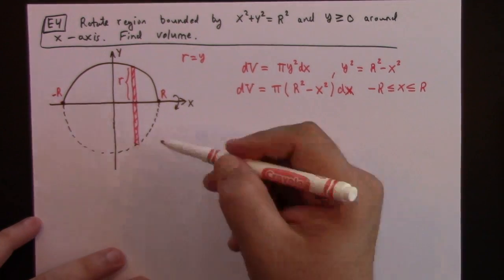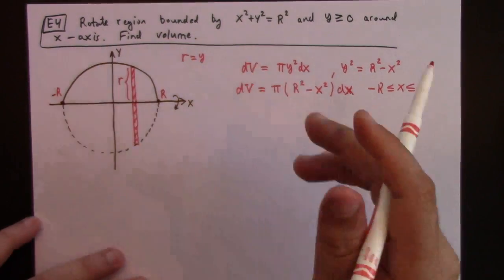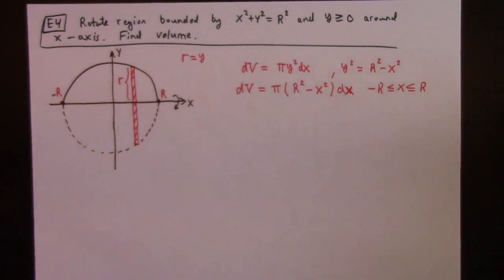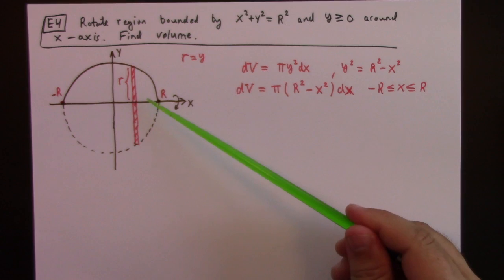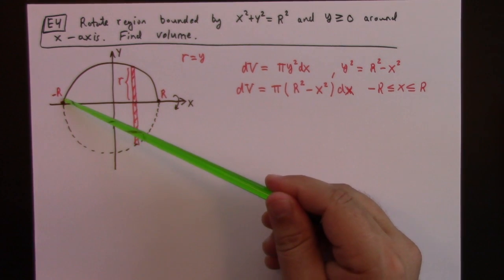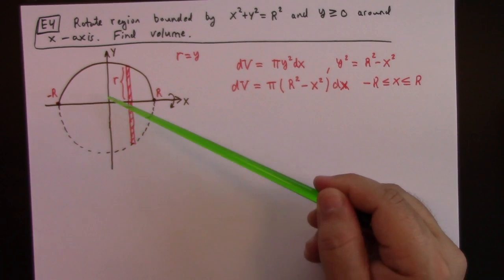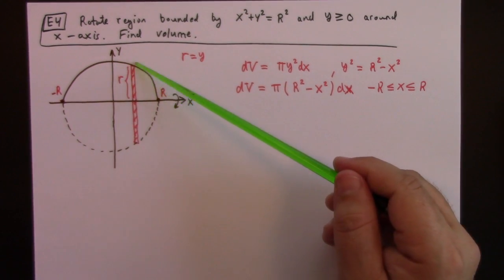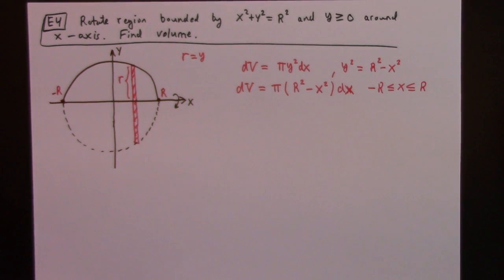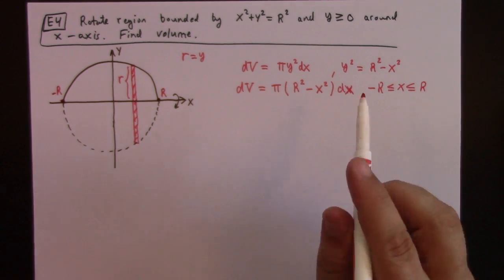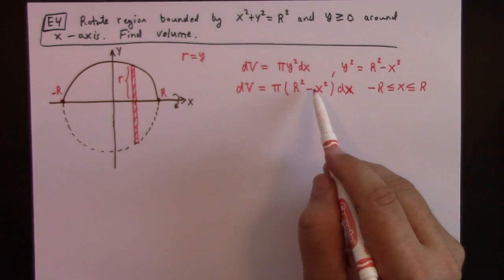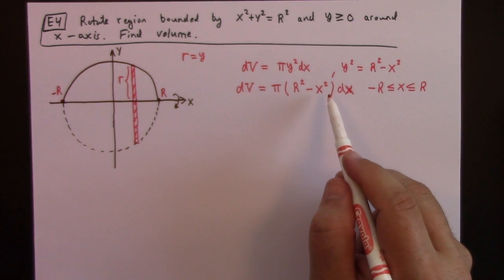So you can imagine putting a disk at each place here, all the way over to here, right? 0 radius, all the way out to radius big R at the middle, and then back down to shrink into 0. Anyway, so the radius squared is exactly r squared minus x squared.